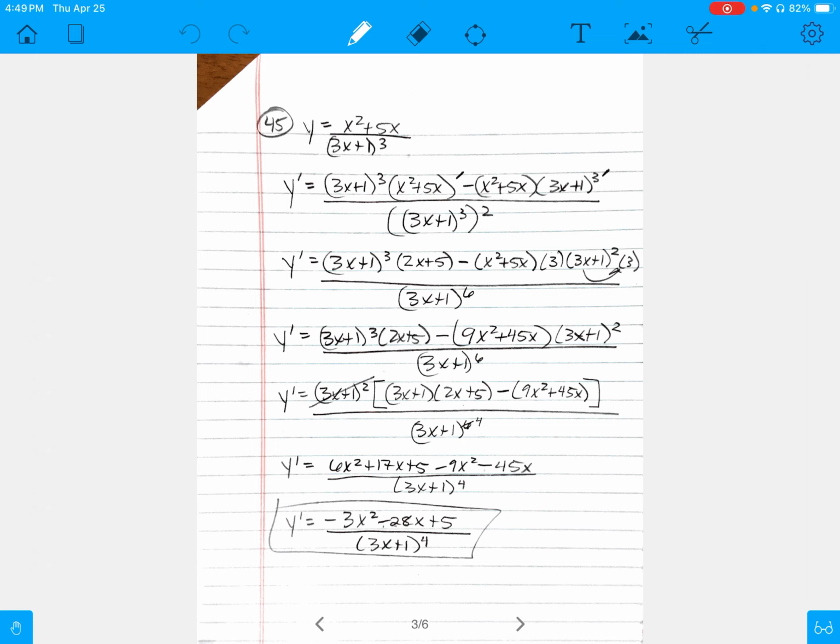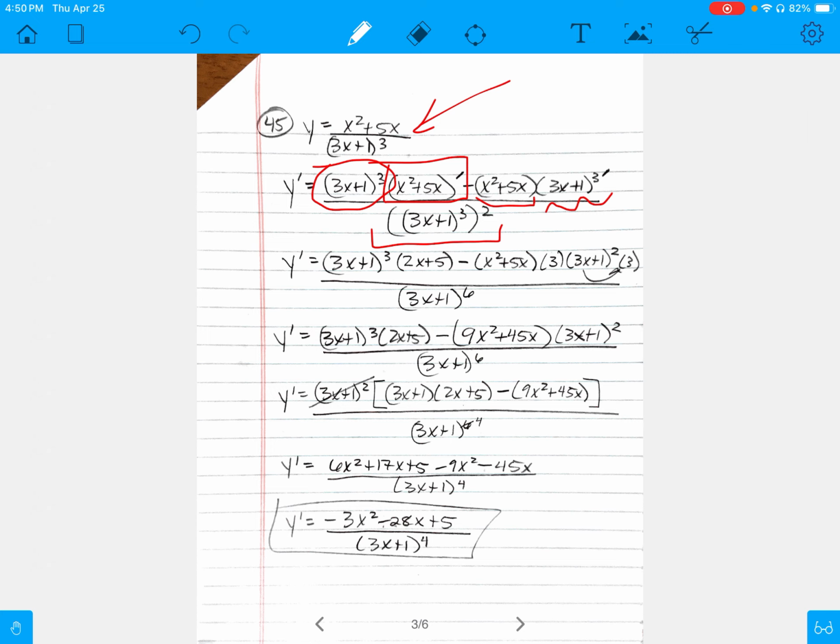So in 45, the quotient rule says that we take the expression on the bottom times the derivative of the expression on the top of the original function, minus the top function times the derivative of the bottom function, all over the bottom function squared.